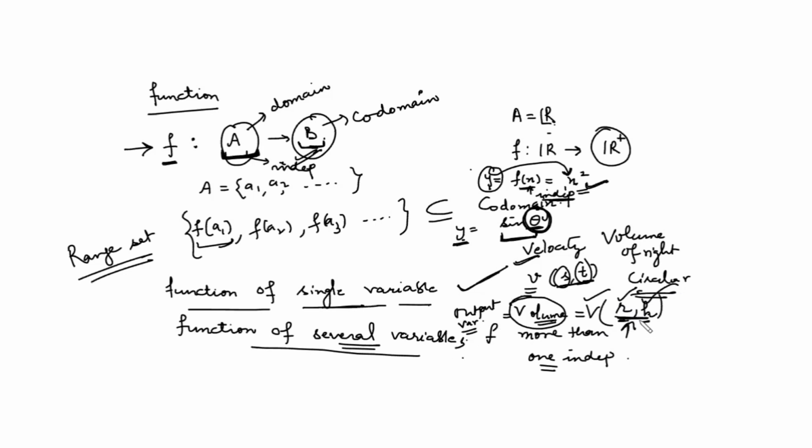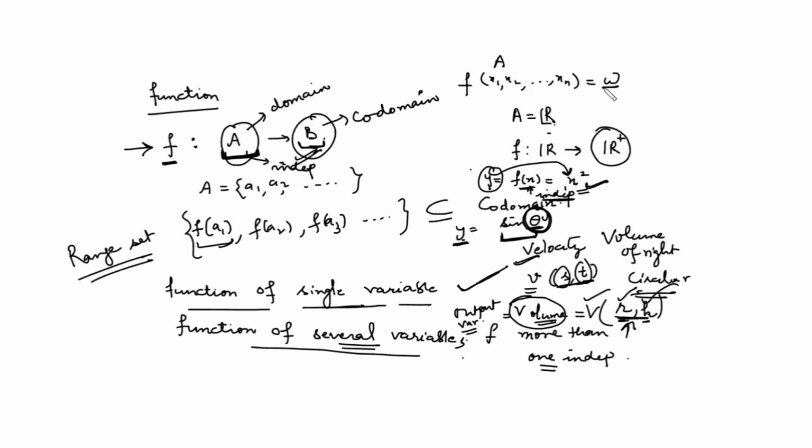It may depend on 3 variables. It may depend on 4 variables. So if our domain set is of the form x1, x2, ..., xn, all these are n independent variables. When you apply the function, you get a value that is a member of the codomain.